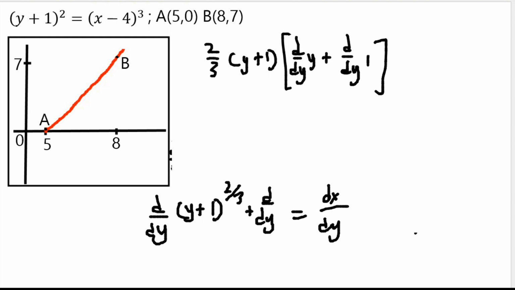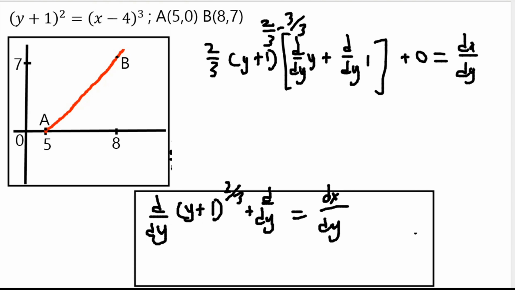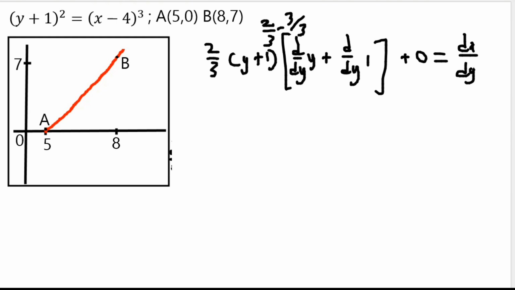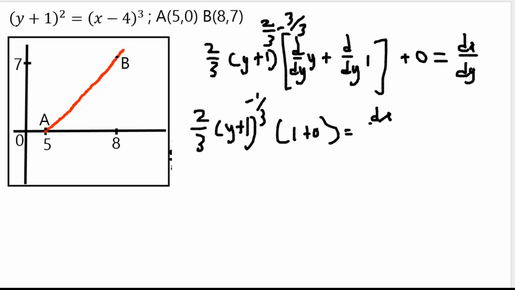We're going to take the derivative of 1, and we also have 2/3 here, minus 3 over 3. We just use the chain rule, right? You get this, dx/dy. Now let me delete this. So we got 2/3 and then y plus 1 raised to the negative 1/3. And then this is just going to become 1, no? So we got dx/dy here also.